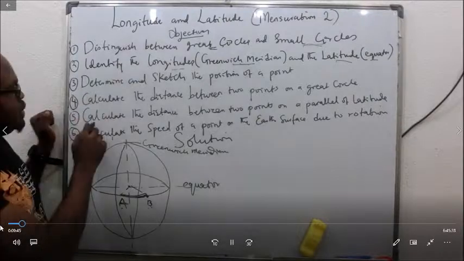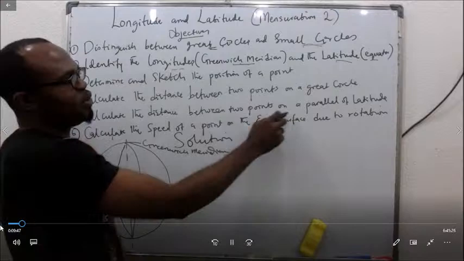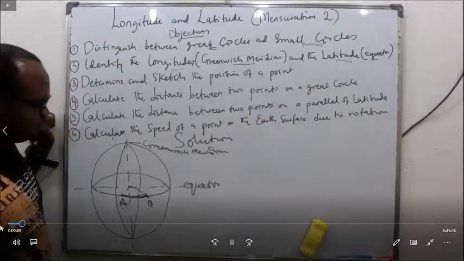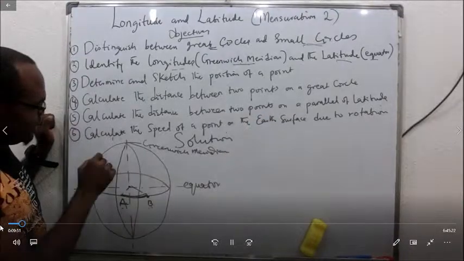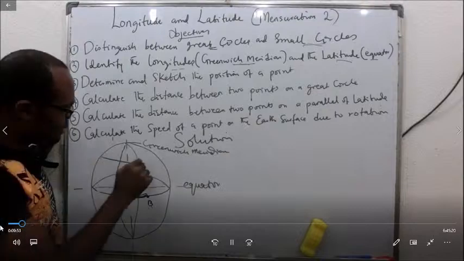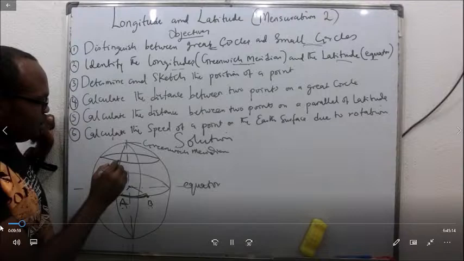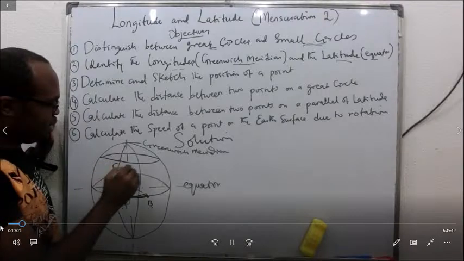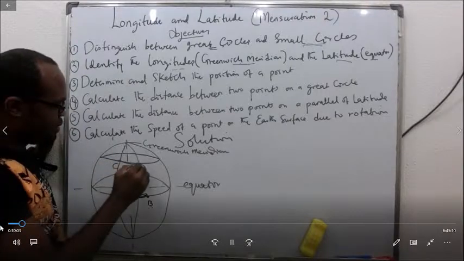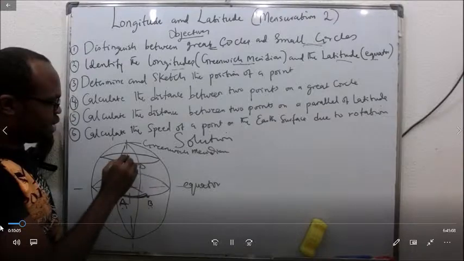You should also be able to calculate the distance between 2 points on the parallel of a latitude. So if you also have another latitude here, which is a small circle, because it's not dividing, you can also calculate the distance between C and D. So we can always do this calculation.